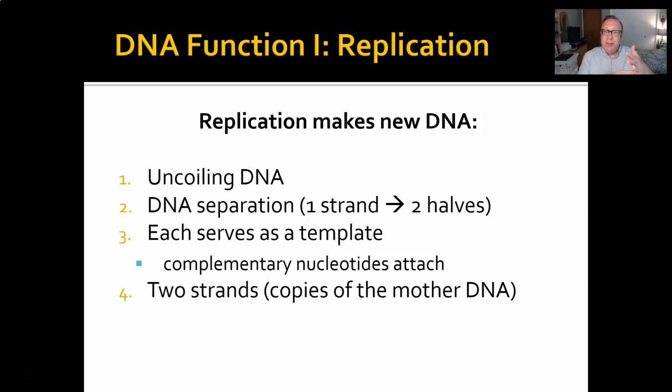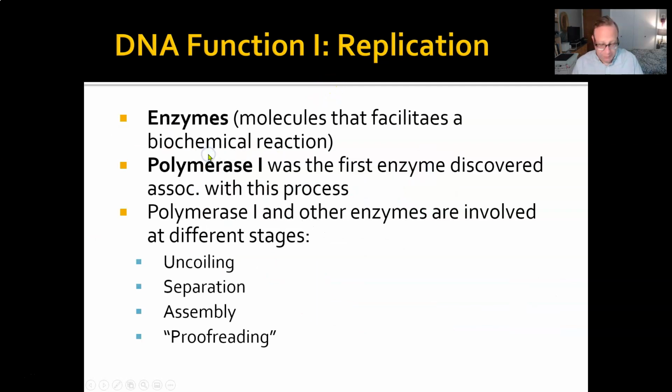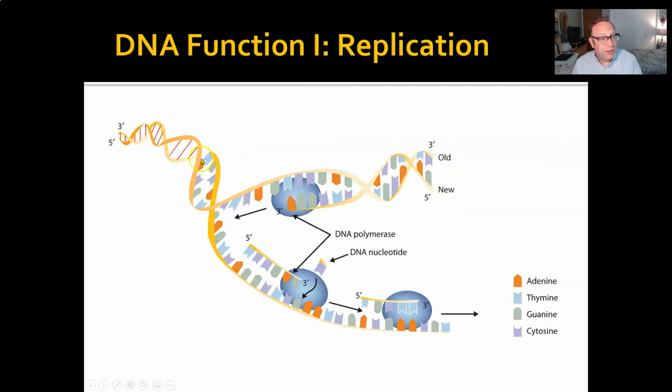So they sort of build the other side, mirror image, piece by piece, until you now have two double strands. So here you can see the double strand mother strand of DNA splitting apart.